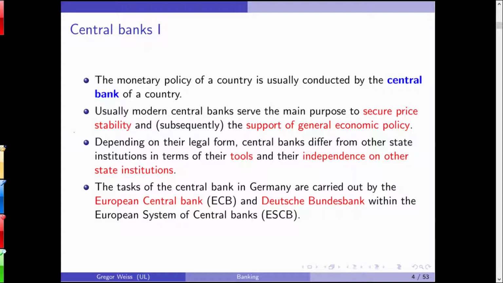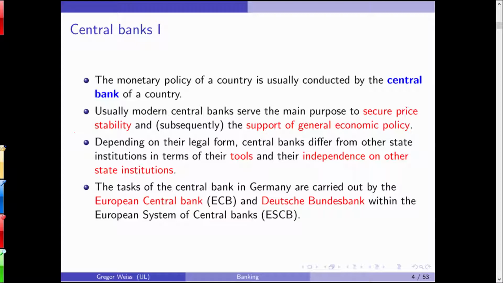It used to be completely sovereign and used to be the sole central bank for Germany, at least first for Western Germany and then after reunification for the whole of Germany. But nowadays it has given up some of these duties to the European Central Bank.